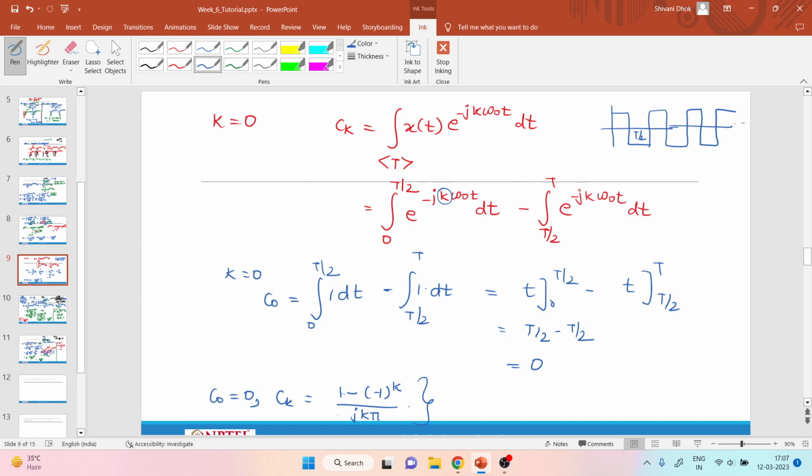That is, if my k is even, then this ck will go to 0. If my k is odd, then it will be non-zero. So if we draw it now, it looks something like this. This is 0 at 0, then at 1 it will have some magnitude, then again go to 0, then something here, then 0. So this is 1, 2, 3, 4, 5 and so on.